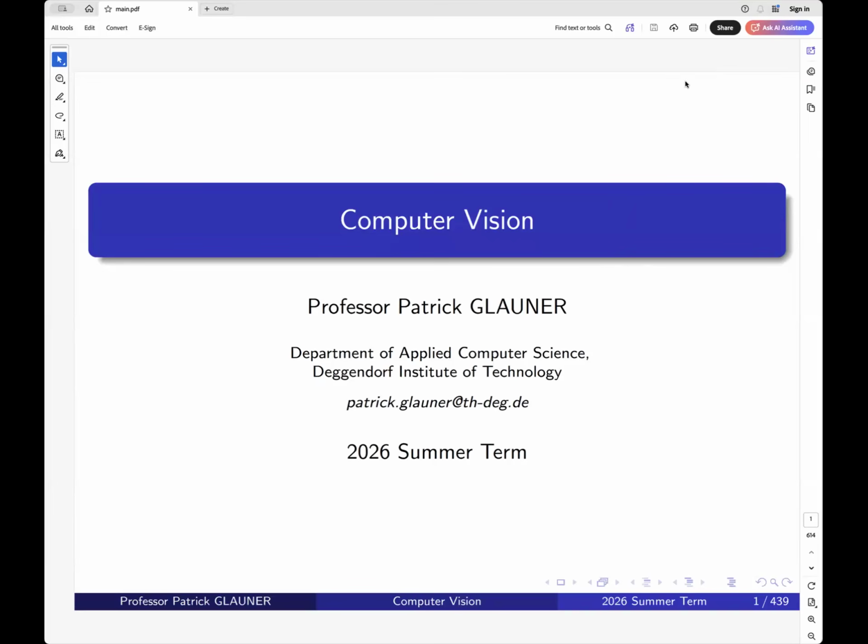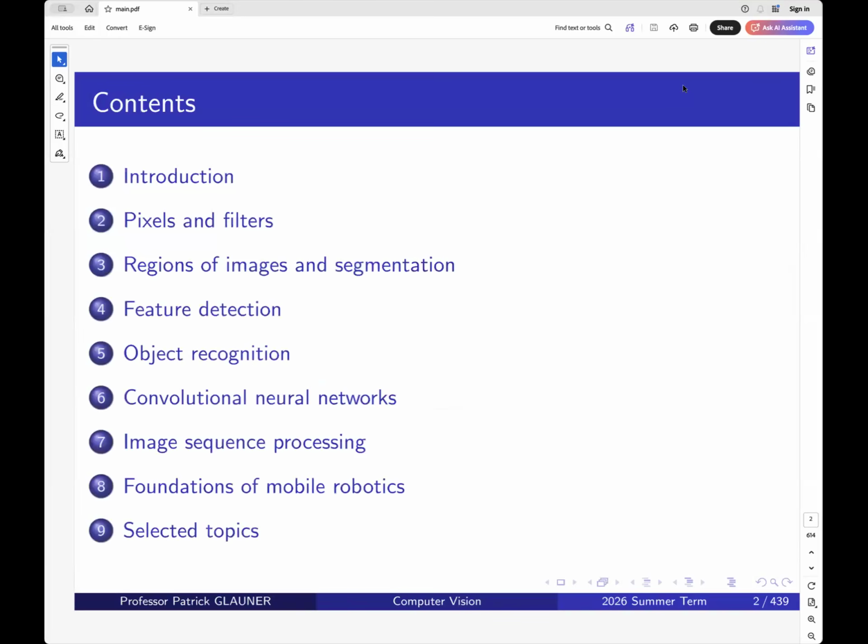So, this course will cover computer vision, and we will start with an introduction today. We will then look into pixels and filters, and step by step we will get to more higher level vision. So we're starting with simple pixels in images. Then we look at regions in images, we find features, and finally we want to recognize objects.